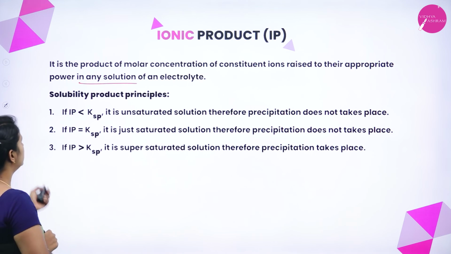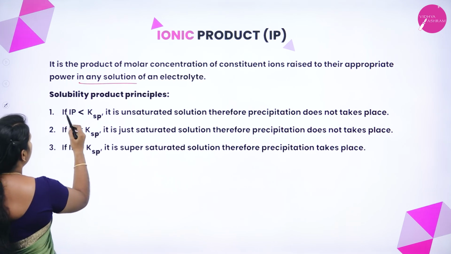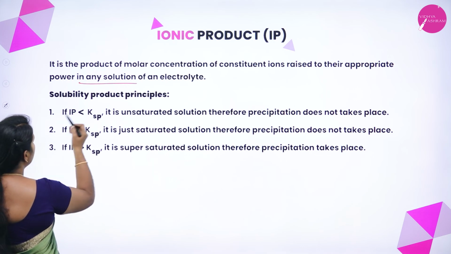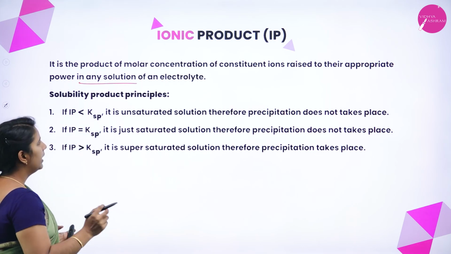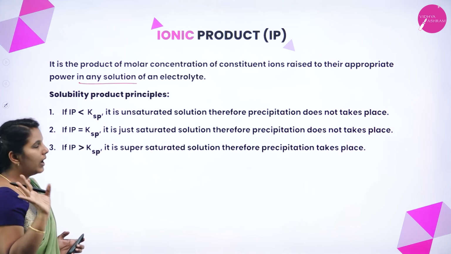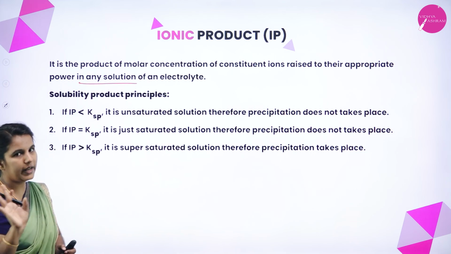So I'll consider the solubility product with different conditions. If IP, that is the ionic product, is lesser than Ksp, that is the solubility product, then the solution is said to be what? Unsaturated. Therefore, precipitation does not take place.